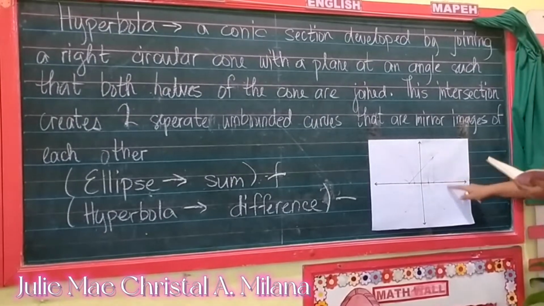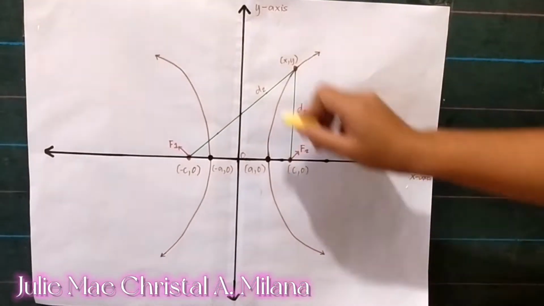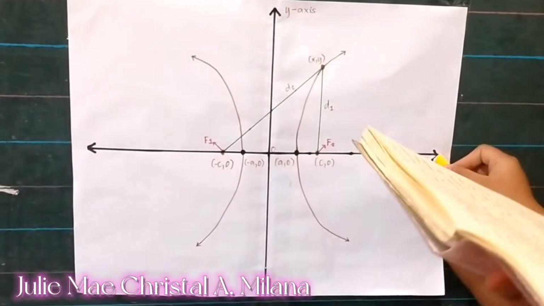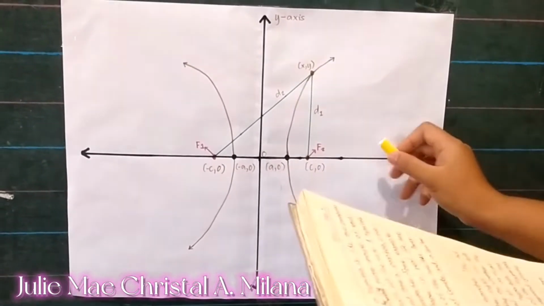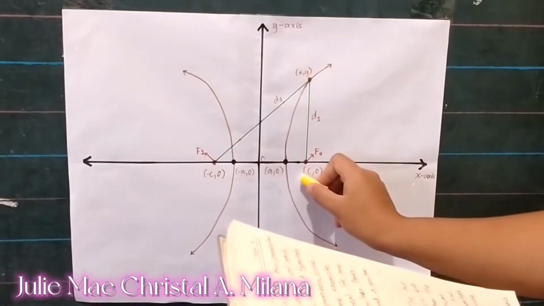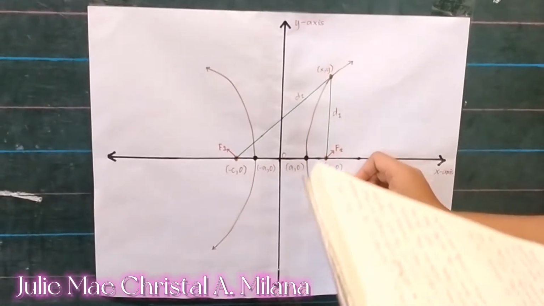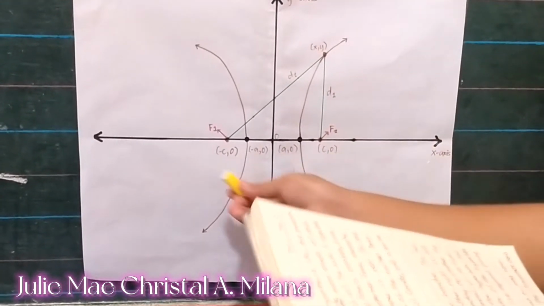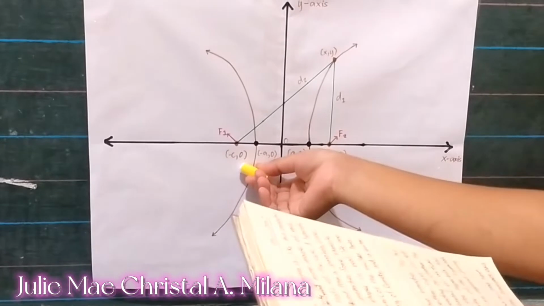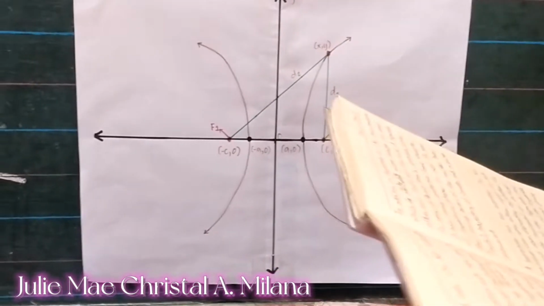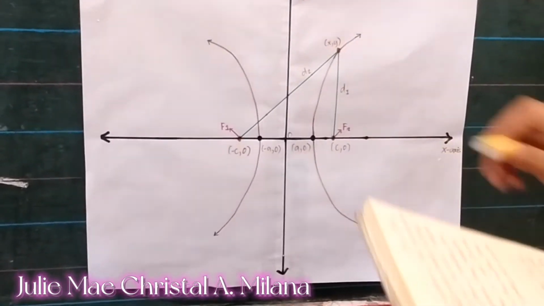So, in the earlier illustration, you can see this is the y-axis and this is the x-axis. So, the x-axis and y-axis coordinate the component C and 0: positive C and 0, and then negative C and 0. Then, the nearer distance is called D sub 1.